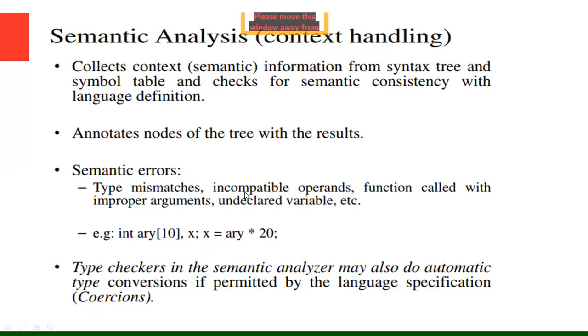So for example, a is an integer and b is a float, and we add those operands. So this is incompatible. Why? Because one is the integer data type and the second one is the float data type. So this type of incompatible operands gives error messages.